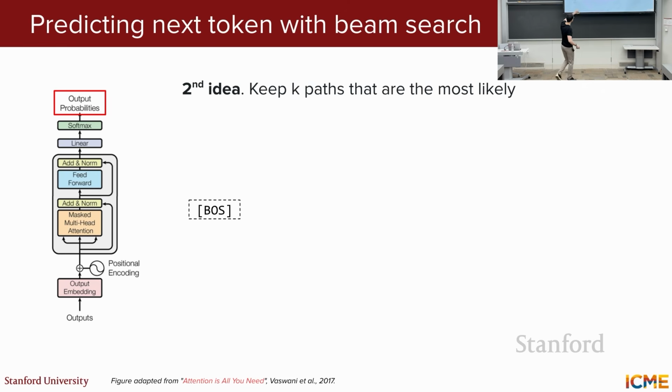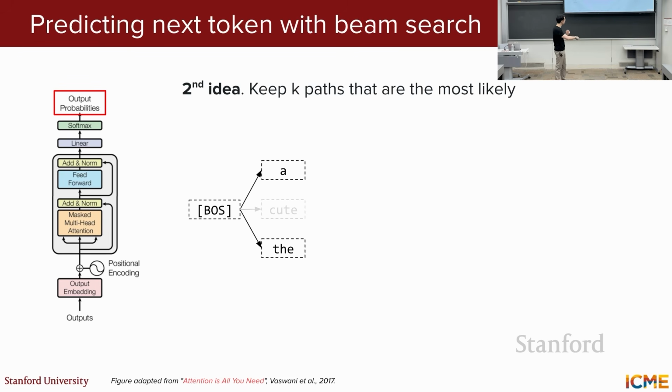Let's suppose we start our generation with the beginning of sentence token. We want to figure out what the next token is. In this very basic example, we have 3 tokens, and the 2 highest probable tokens are A and Z. If we have k equal to 2, we keep track of these 2 branches.